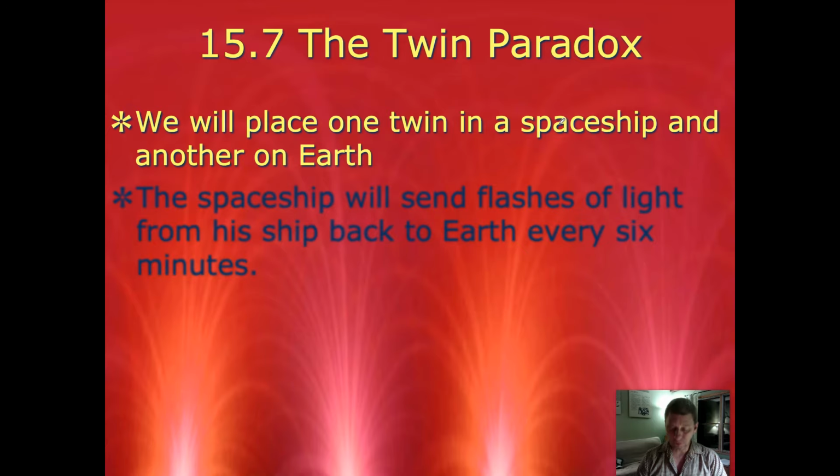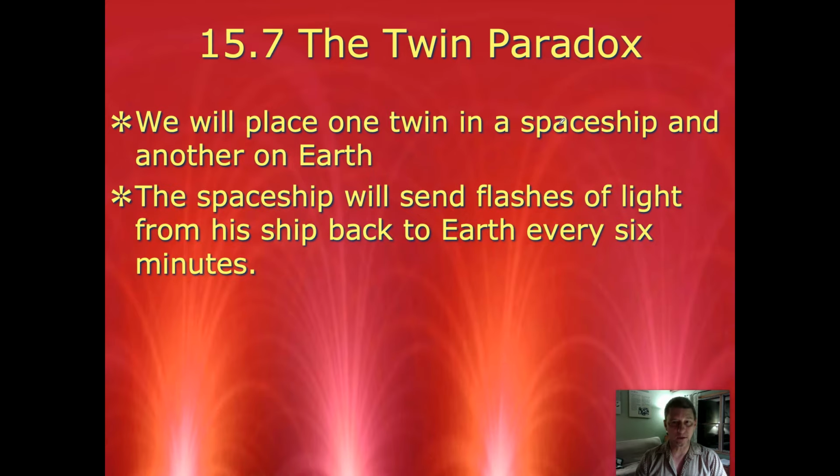All right, once we've got the spaceship out in space, it's going to send flashes of light from his ship back to the Earth every 6 minutes. So according to the astronaut, he's setting off his spotlight or whatever it is every 6 minutes.